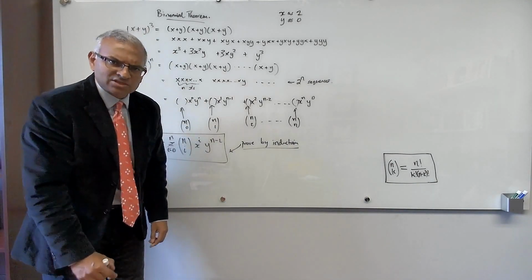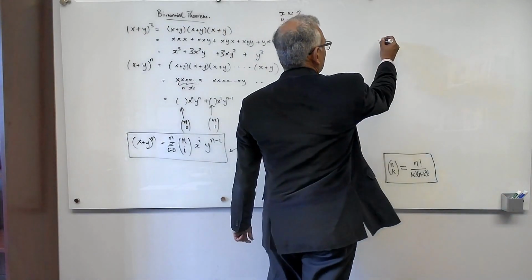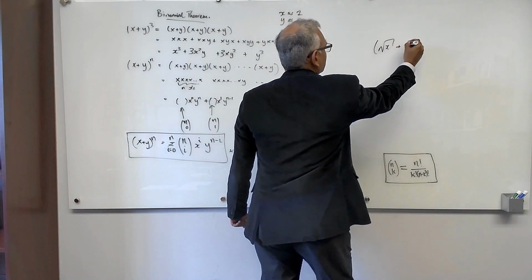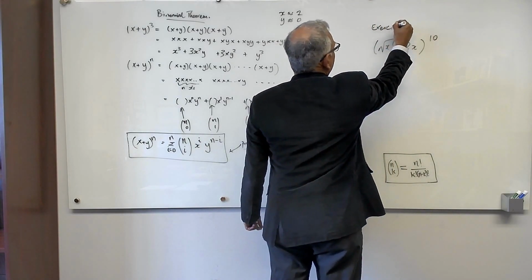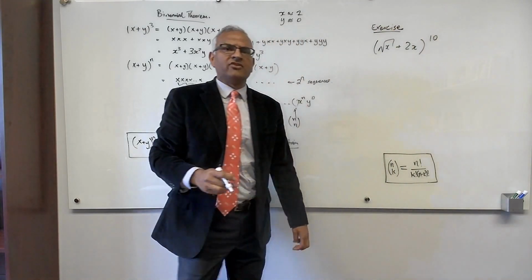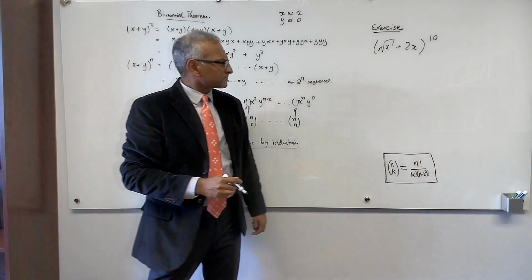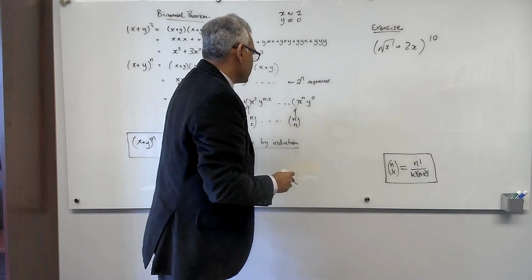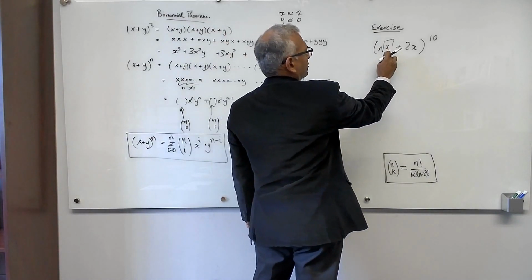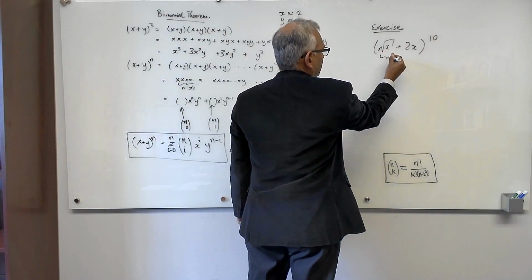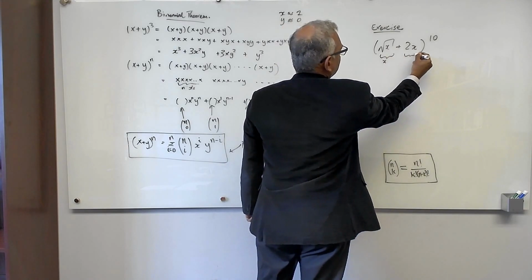But as an application of the binomial theorem, consider the square root of x plus 2x, raised to the power 10. So, exercise. Okay, and this is solved on the slide. It's also solved in the text. So when you expand this, you're going to have a bunch of terms. For example, the first term is the square root of x raised to the power 10. So you can treat this as x, and you can treat this as y.